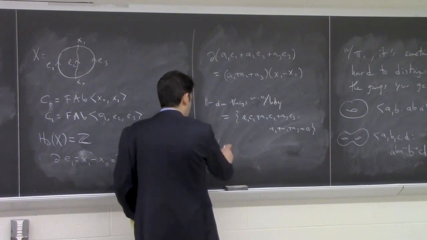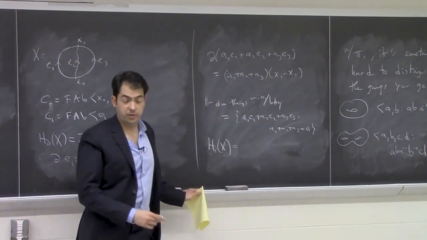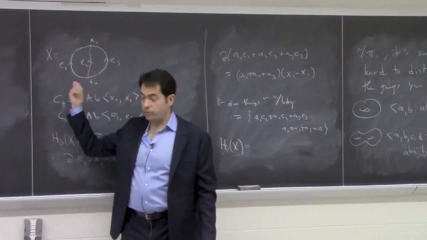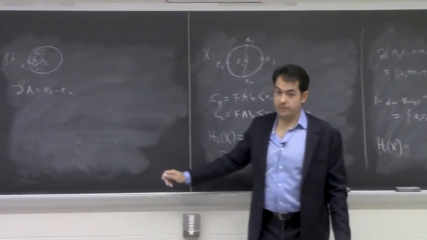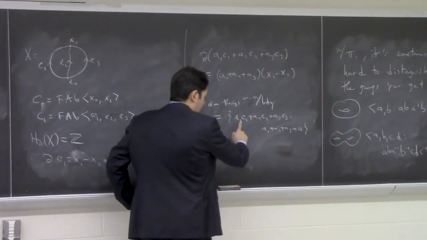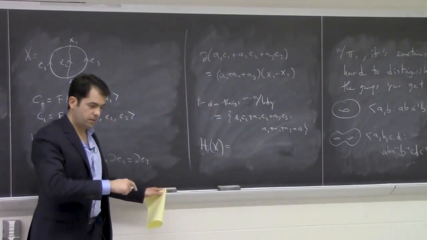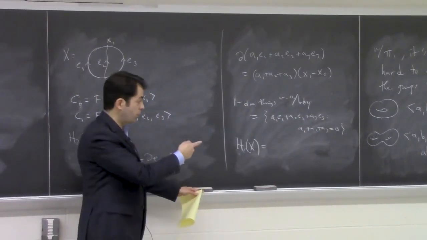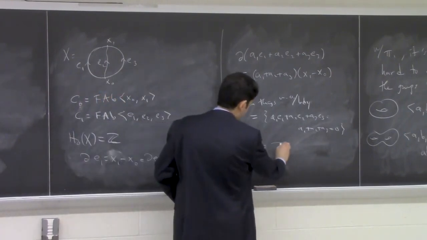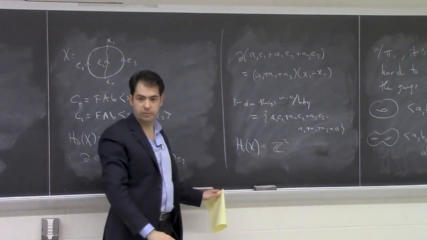So H1 of X is equal to just this because I don't have any two-dimensional pieces to mod out by. And of course, if you have A1, A2, A3 with this relation, so you have Z to the third, but with one linear relation, that's just Z squared. Because, for example, I can determine A3 from A1 and A2.